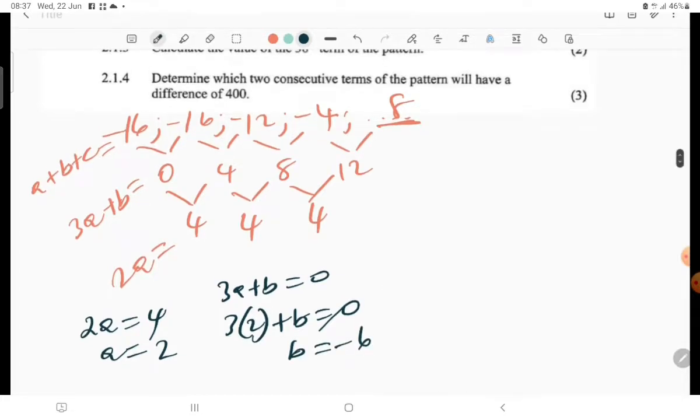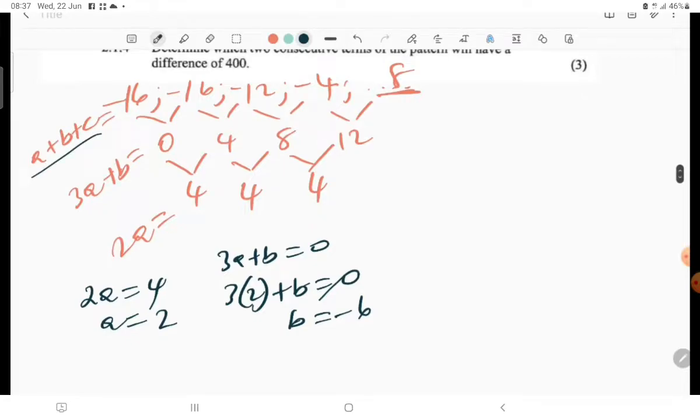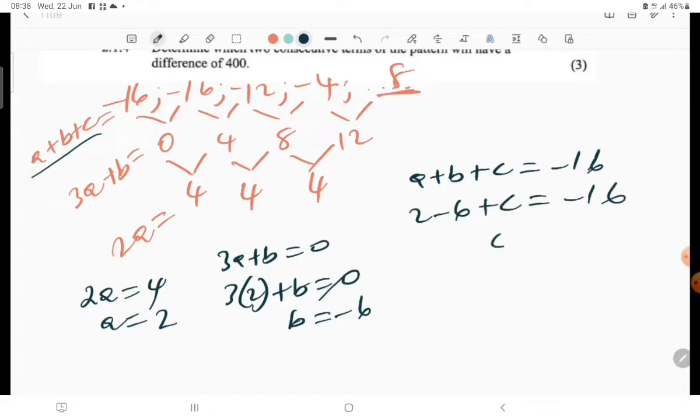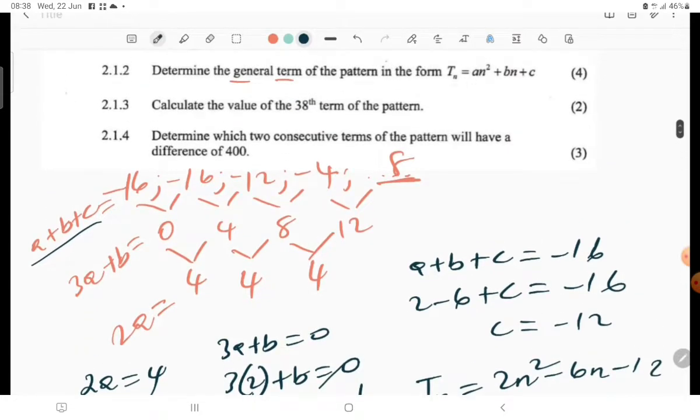Then coming to the last one, we have A plus B plus C is equal to negative 16. Our A is 2, our B is negative 6, and our C is what we are looking for. Then C becomes just negative 12. So our Tn is 2n squared minus 6n minus 12. So we are done calculating the value of Tn in this form.